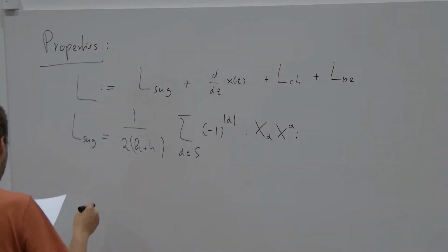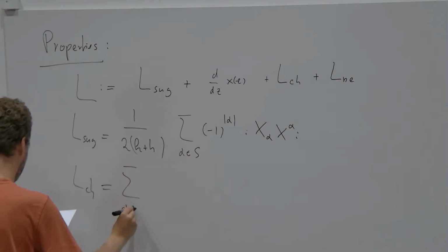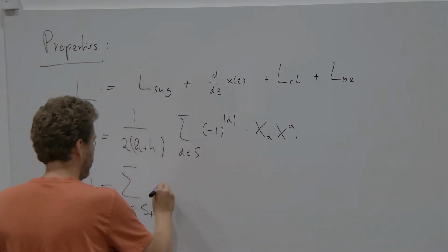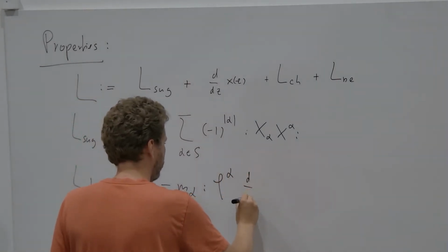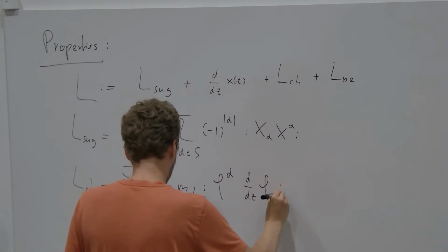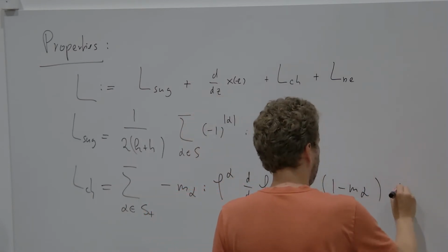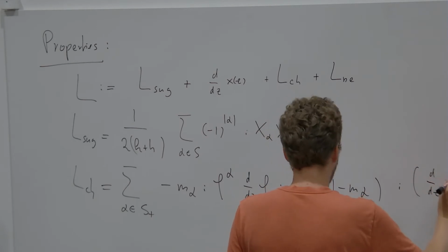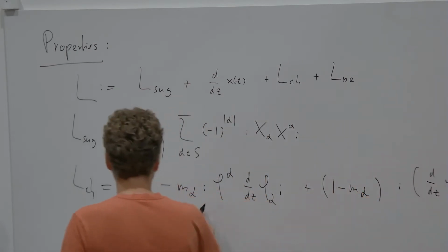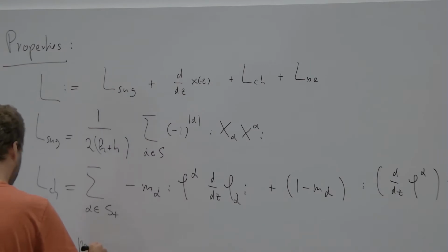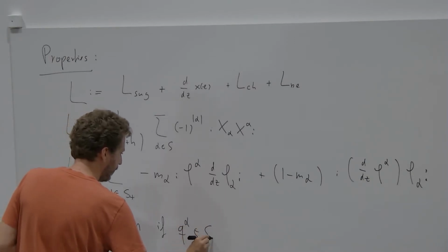And then L chiral and L neutral are Virasoro fields for the free field algebras, here, where this number m alpha is equal to n if the corresponding basis vector has eigenvalue n.